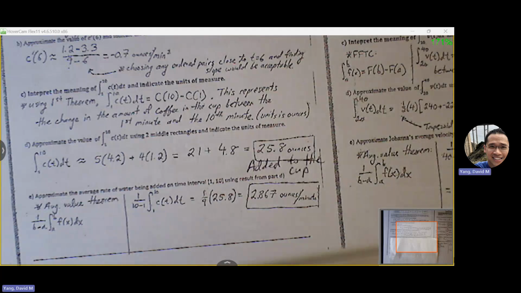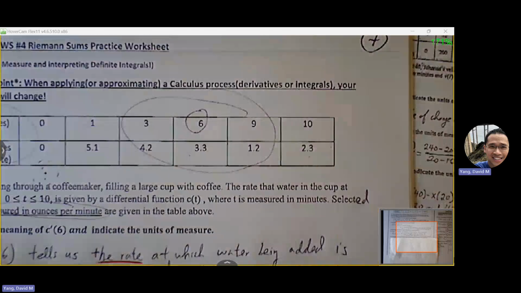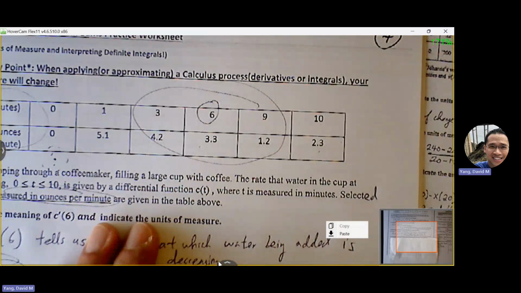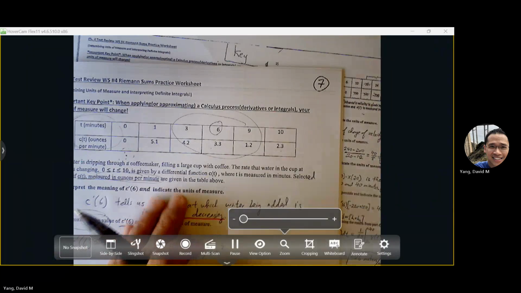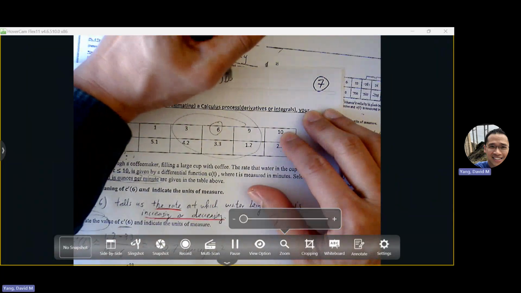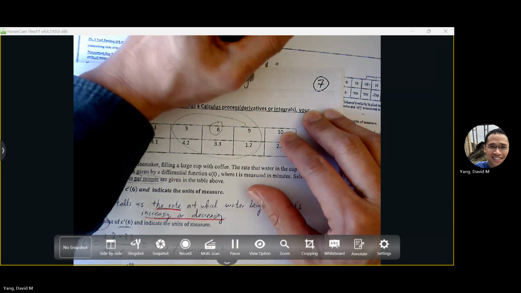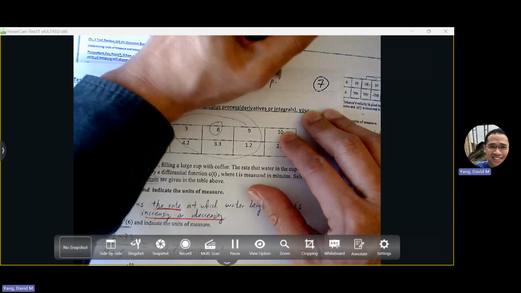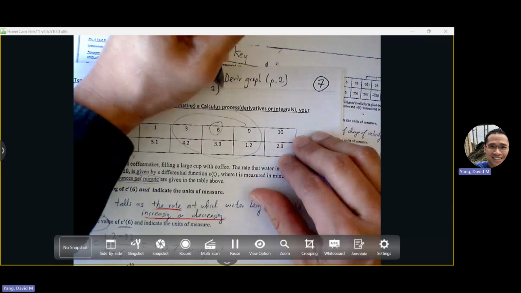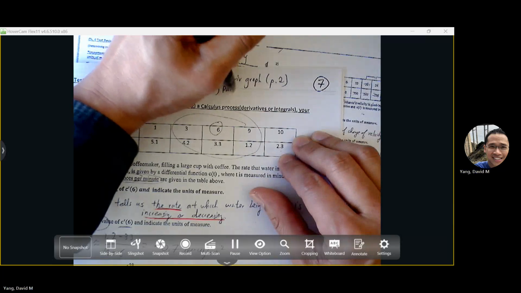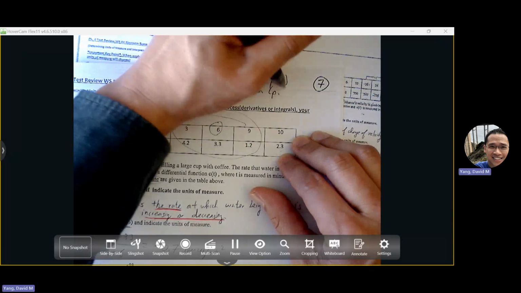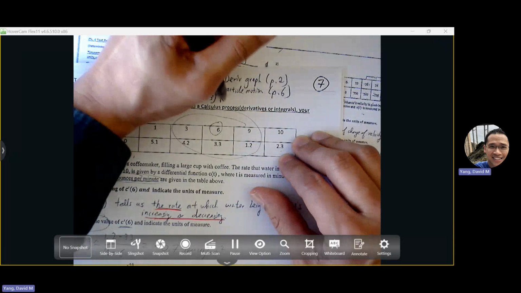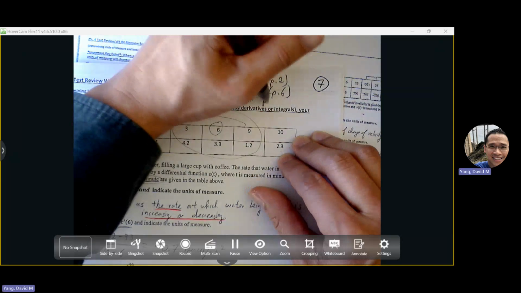So I just want to give you a heads up in terms of what your test will look like. Your test will just be 3 FRQs. You'll see a derivative graph like page 2, a particle motion problem like page 6, and then a Riemann sums problem like page 7.